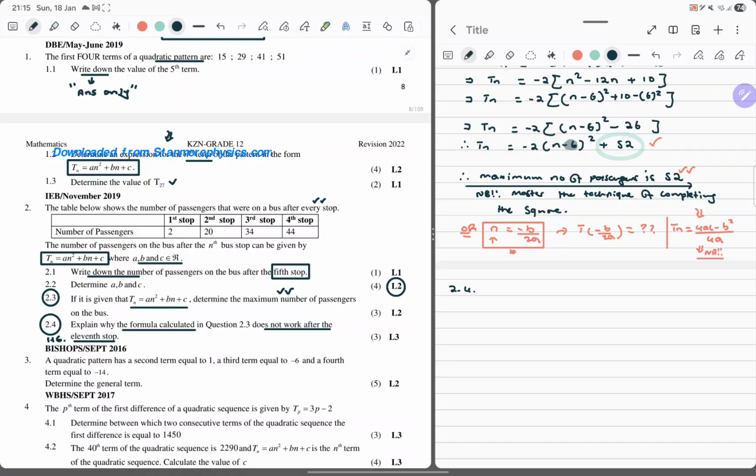That's very important. So we can say T sub 11 is going to be minus 2 into 11 squared plus 24 into 11 minus 20.